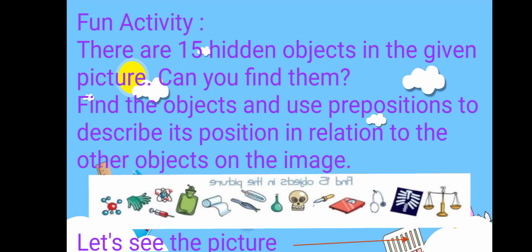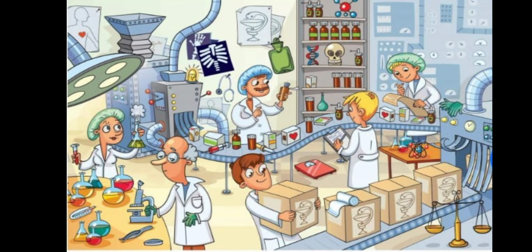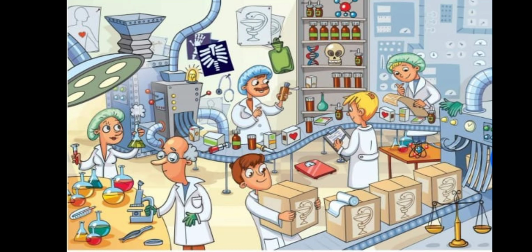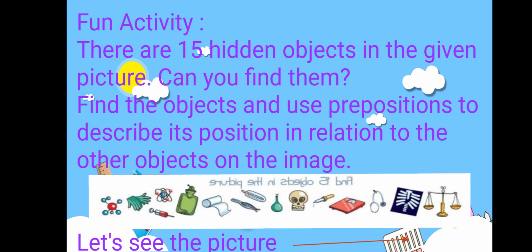Next, one activity is here. You have to do this activity. The images of these objects are given here. You have to find these objects in this picture. What is the activity? You have to find out these 15 hidden objects from the picture.